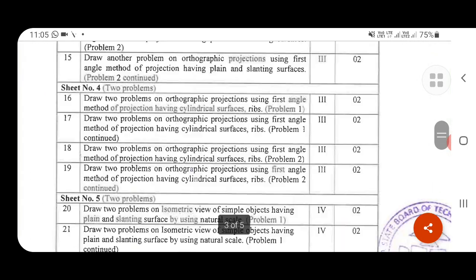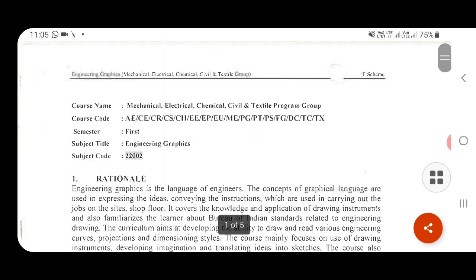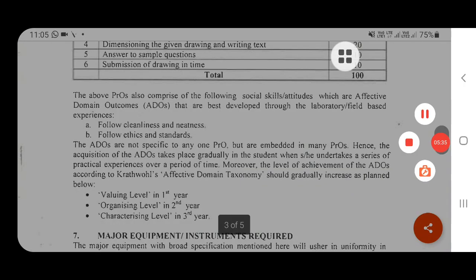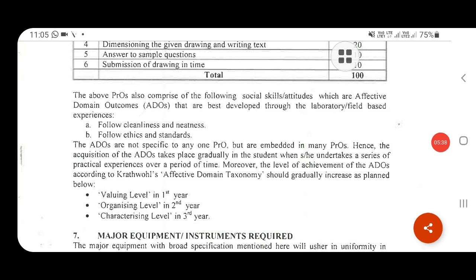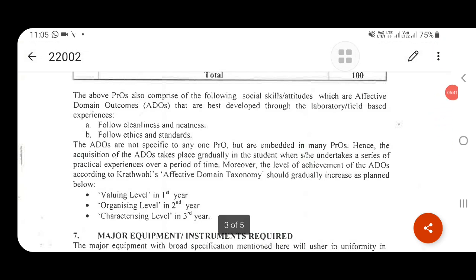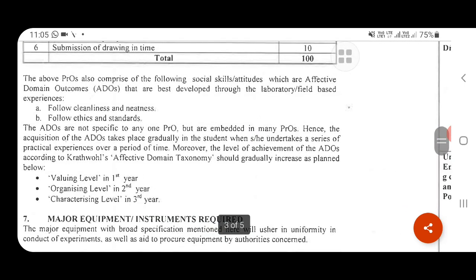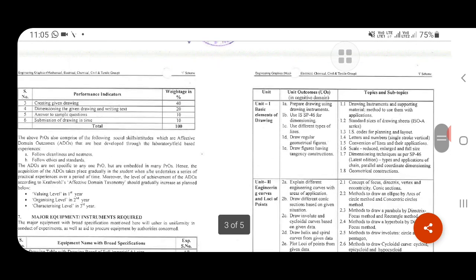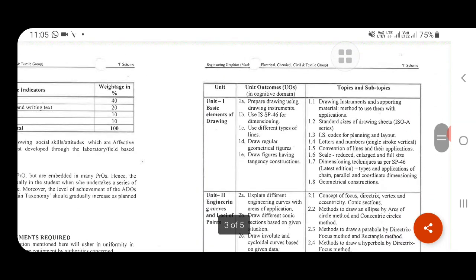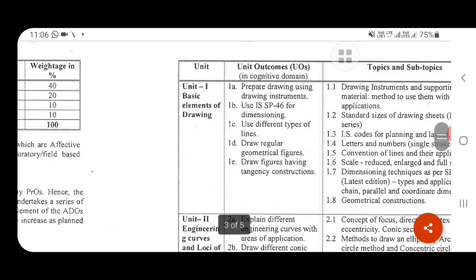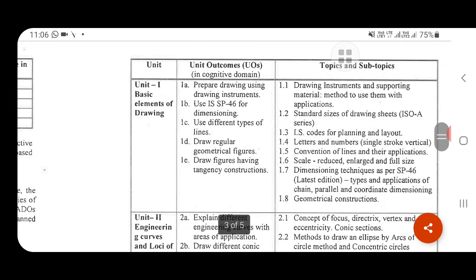So there is unit first, in which there are unit outcomes for our subject. The first unit is basics of drawings.